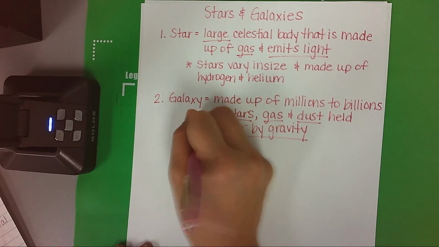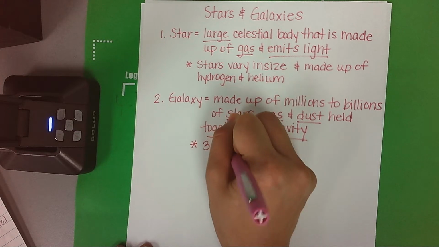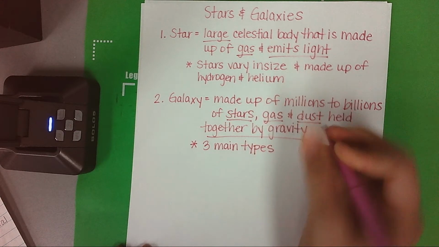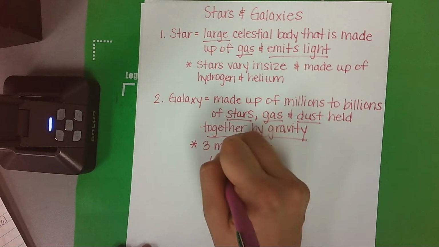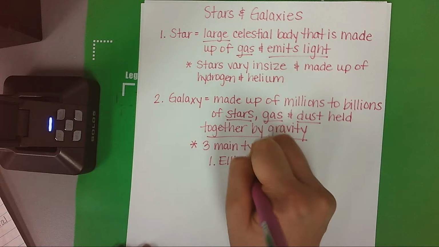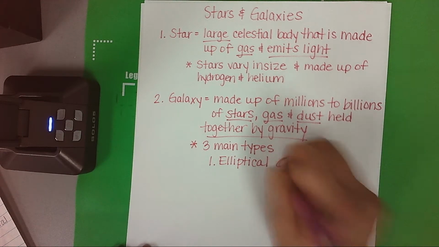Okay, so there are three main types of galaxies. All right, the first one is an elliptical, and it's going to be like an oval shape.